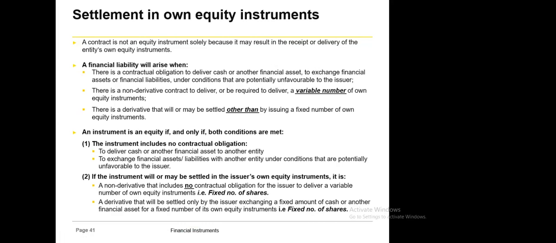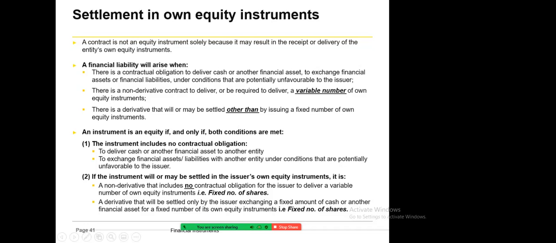So how will an instrument be classified as equity? An instrument is equity if and only if both the conditions are met. The instrument includes no contractual obligation. If the instrument will or may be settled in the entity's own equity instrument, it is a non-derivative that includes no contractual obligation for the issuer to deliver a variable number of own equity shares, that is, you will be getting a fixed number of shares.